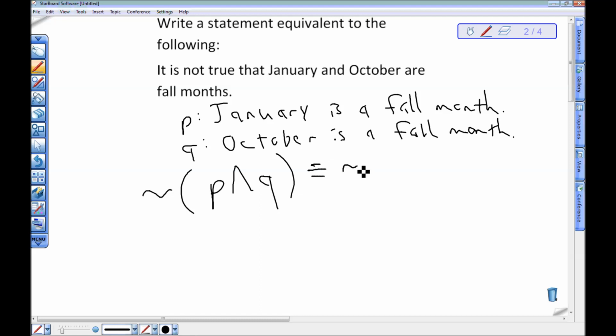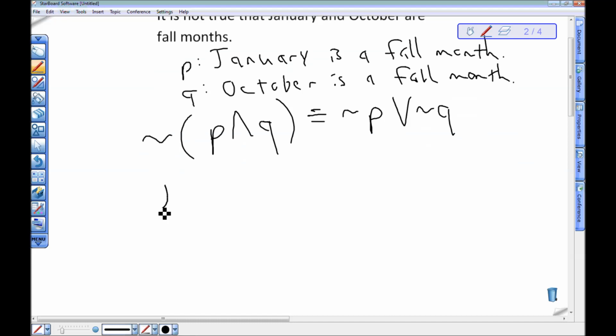De Morgan's laws tell me this is equivalent to not P or not Q. So now I just need to write that statement. The negation of P is January is not a fall month.